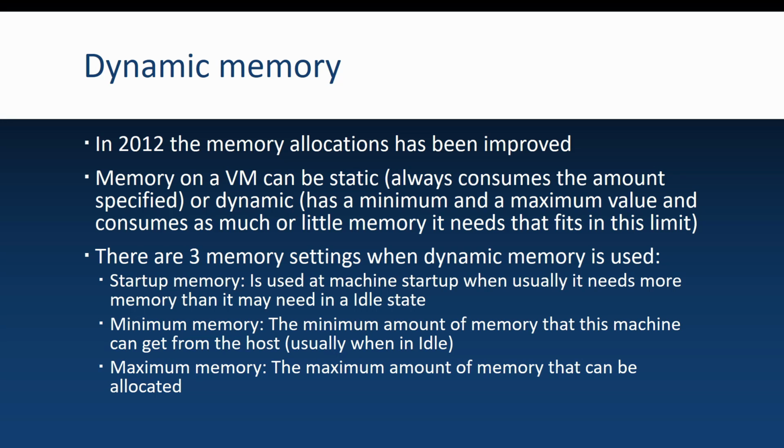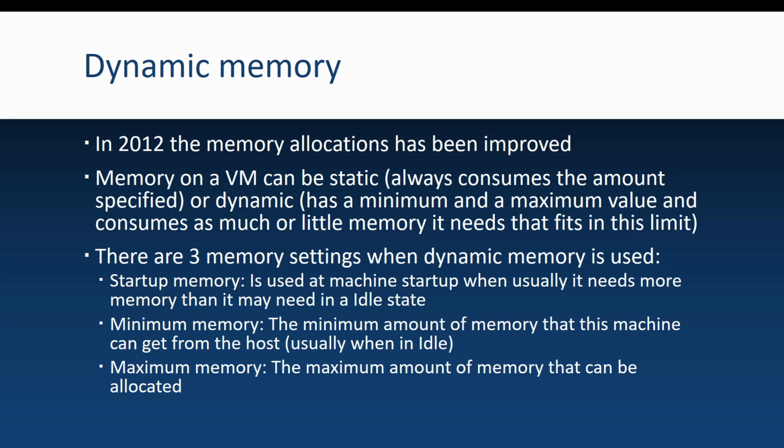We could have VMs with static memory, which means that if you assign a VM 512 megabytes of RAM, then it would take 512 megabytes of RAM from that host and keep it occupied. The other memory setting possible was dynamic memory, and this is the big improvement actually. With dynamic memory, you could give the VM a minimum and a maximum amount, and the memory used from the host would fluctuate as the VM would need or not need that memory.